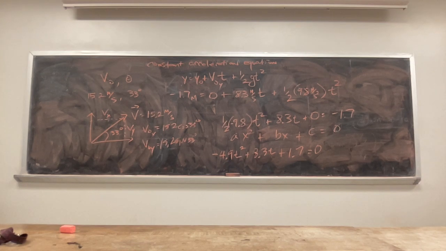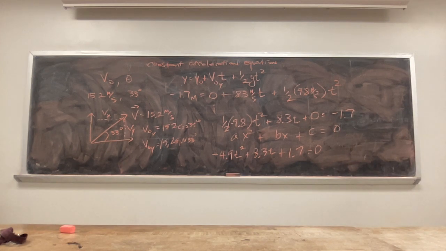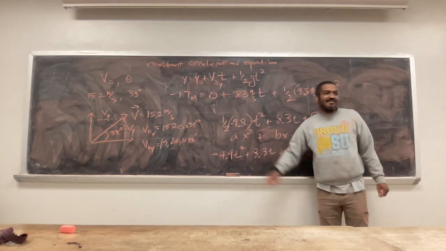So sometimes, and this is how I like to do it, I'll just tell y'all this. I like to wait until I get to the end, when I'm solving my quadratic equation. If I get a negative discriminant, which is b squared minus 4ac, then I just change the sign.